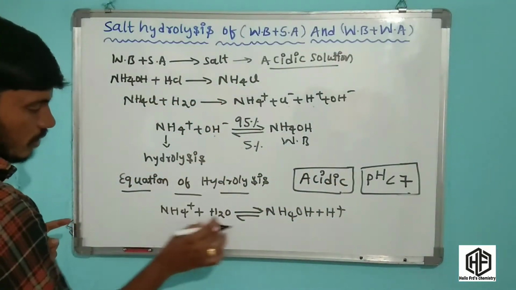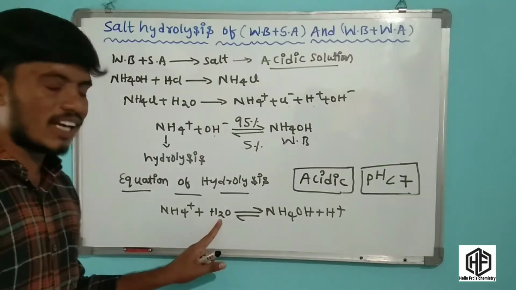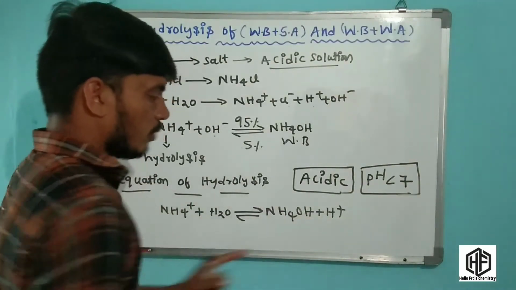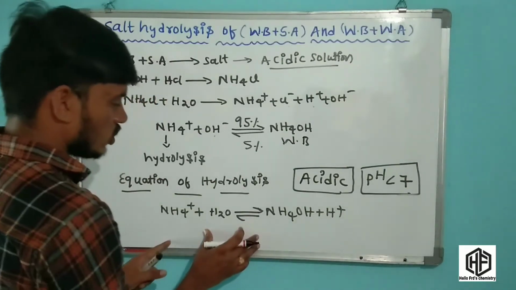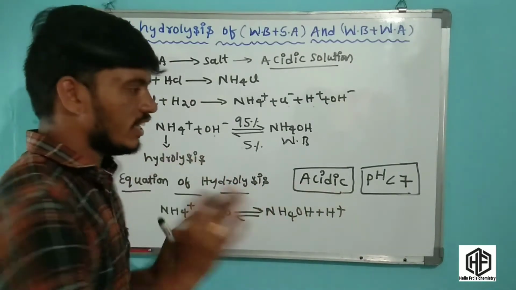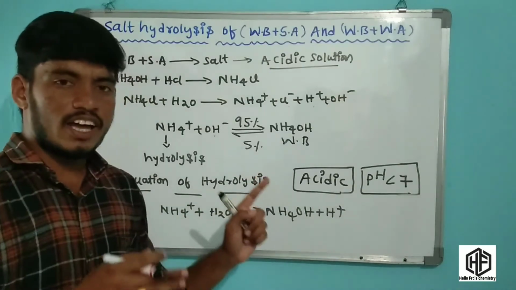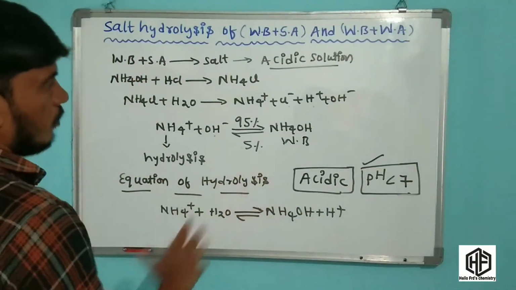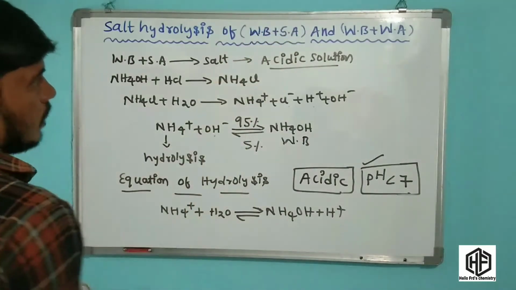NH4 plus reacts with water to produce NH4OH plus H plus. H plus ions are present in this solution, so the solution is acidic and the pH value is definitely less than 7. This is clear, friends. Now, what are the important formulas for weak base plus strong acid?